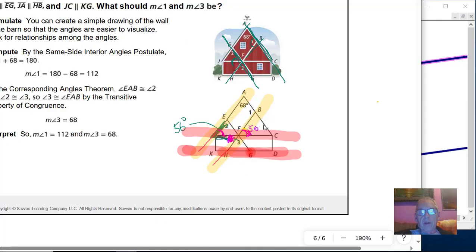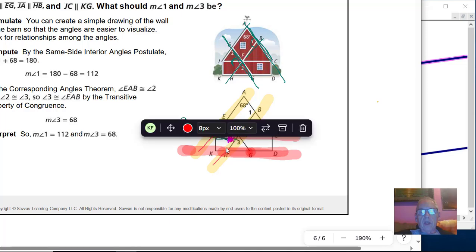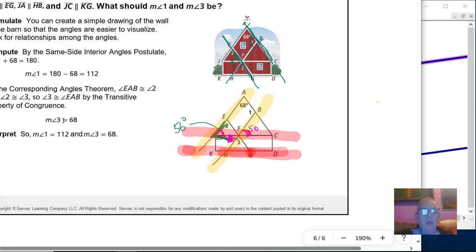So we have parallel lines cut by a transversal. These are going to be same side interior angles, which means they need to be supplementary. And so if one of these angles is 56 degrees, if we do 180 take away 56, we'll have the measure of angle FHK.